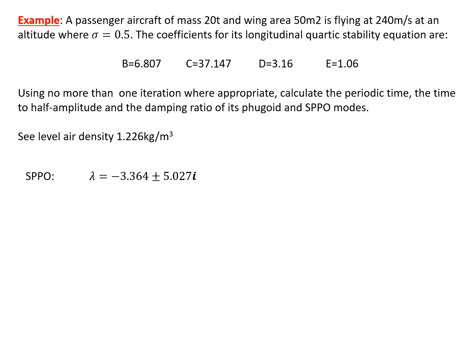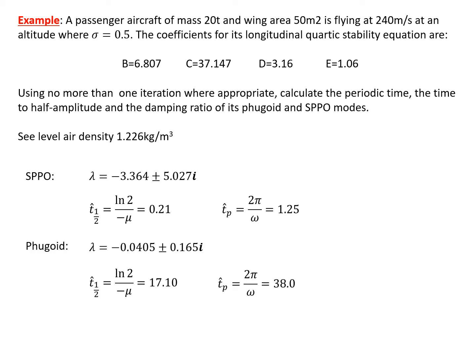So we've solved the parameters for each quadratic equation, and for SPPO, lambda equals minus 3.364 plus minus 5.027 times i, and then we can have the time to half amplitude and the period time.